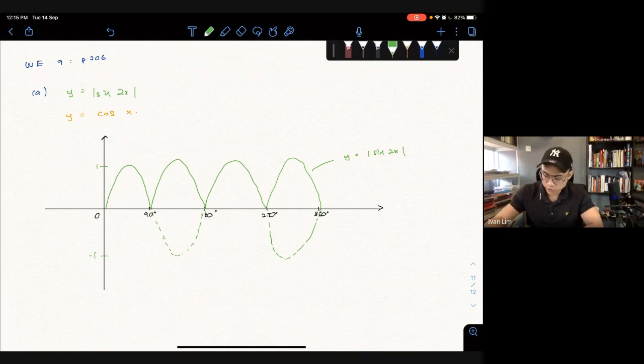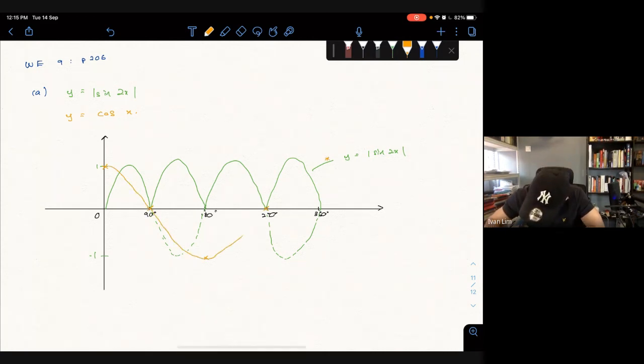And y equals to cos x. Okay, so just draw your normal cos graph, so which is here, here. The minimum point is 180, 270, 360. Okay, so like this, like this, like this.